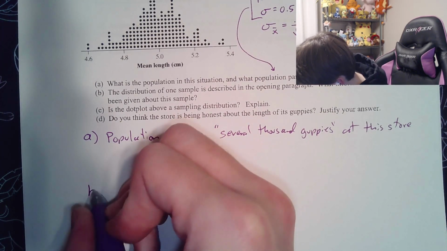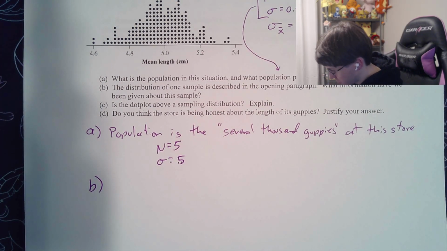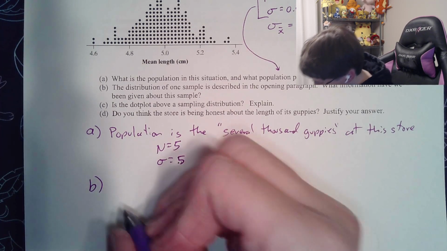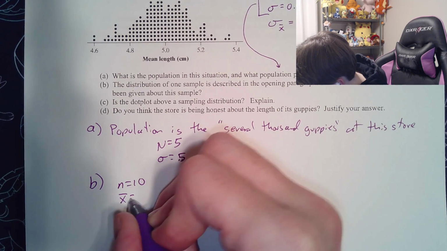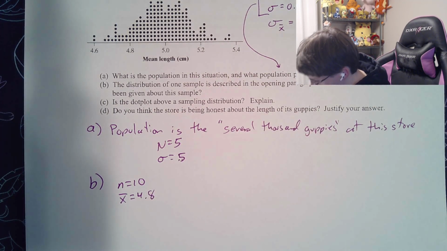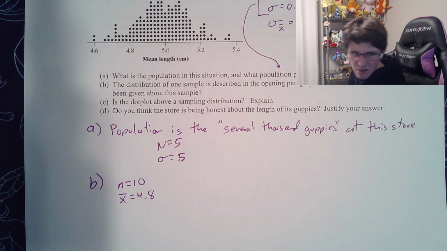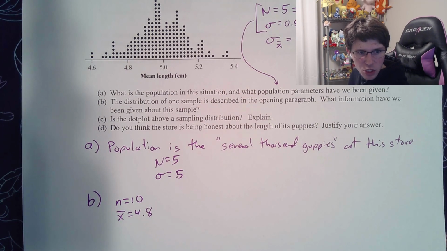The distribution of one sample. What have we been given about the sample? The sample size is n equal to 10. The average of the sample was 4.8, and we actually don't know the standard deviation of it, but it doesn't matter. That is the only information you've been given about the sample.